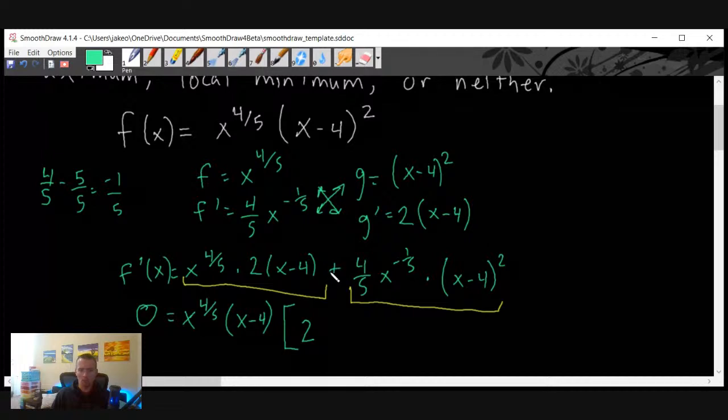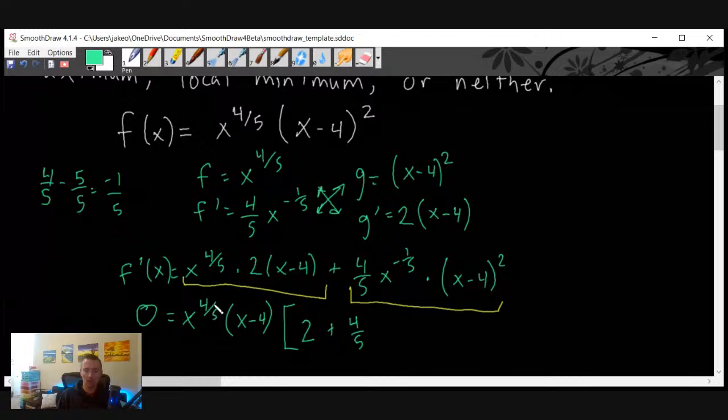Okay, then over here, we have a 4/5. So we're going to have plus 4/5. The x to the negative 1/5, we basically pulled out an x to the 4/5. So what you want to think about is, what would we have to multiply by x to the 4/5 to get us back to x to the negative 1/5? Well, if you're multiplying two things with the same base, you would add their powers.